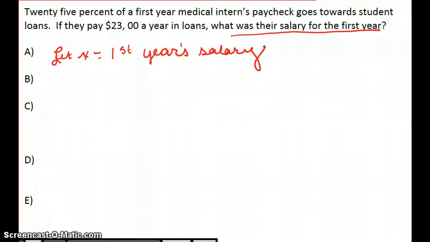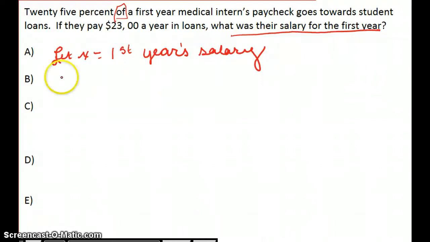So 25% of, it's a really good keyword, and I like to circle or box words that I know have a mathematical meaning. The word of means, you can say it out loud and look silly that you're talking to your computer, it means multiplication.